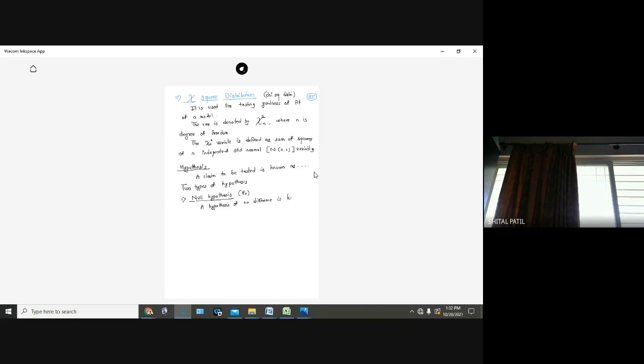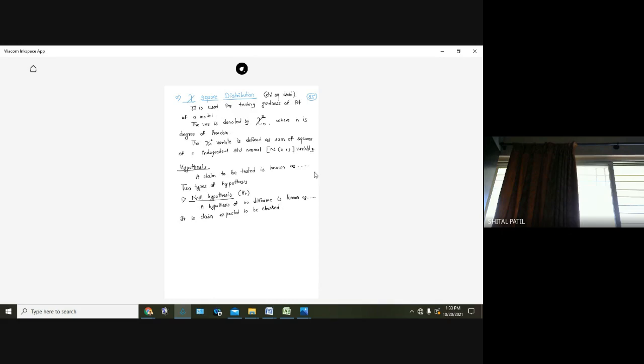It is known as the claim expected to be checked. Right? Null hypothesis is the claim that we are expecting to be checked.